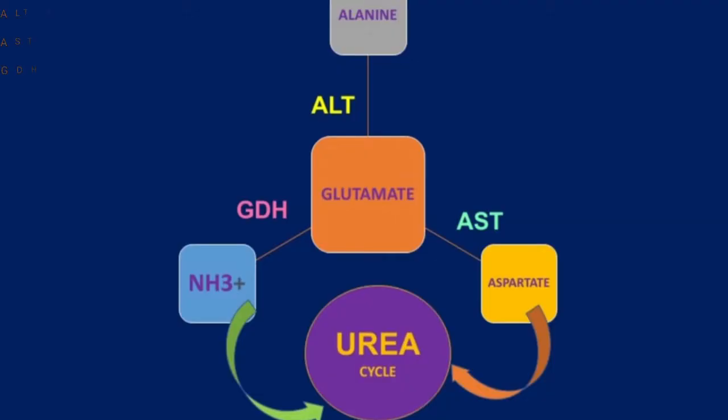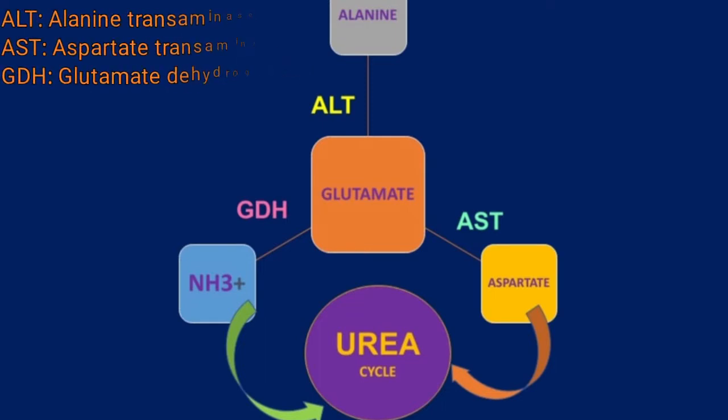There are three key enzymes involved in amino acid metabolism that provide the input of nitrogen into the urea cycle, directly or indirectly. Okay, the first one is ALT, right? ALT is going to take the nitrogen from alanine, give it to alpha ketoglutarate to form glutamate.